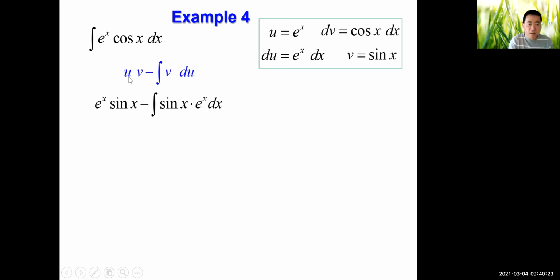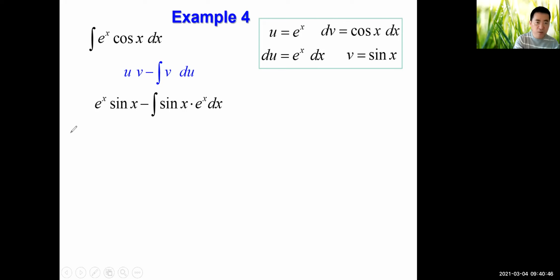So u is e to the x, v is sine x, minus integral of sine x times e to the x dx. Once you apply the formula, you will always have a new integral to take.